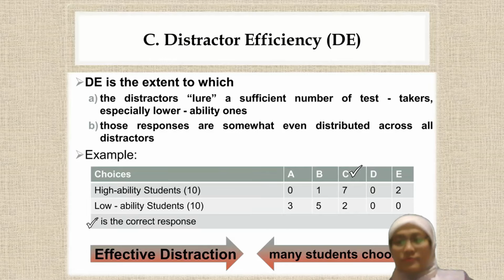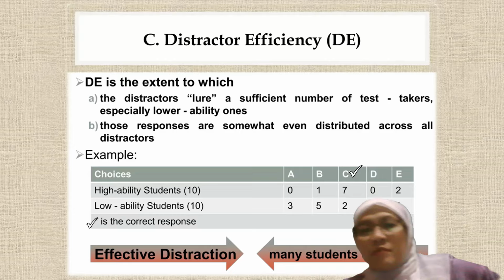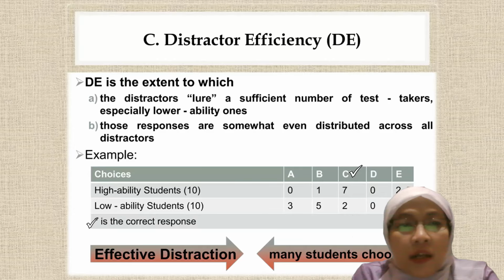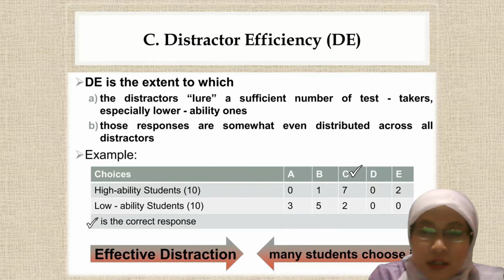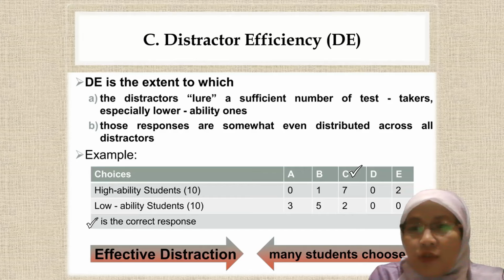Berarti anak yang low ability ini banyak yang salah jawabannya ya. Oke, yang distractornya cukup bagus adalah poin A and B. Ya, D sama E ini kurang bagus karena nggak ada yang milih. Kurang bagus ditinjau dari distractor efisiensi.